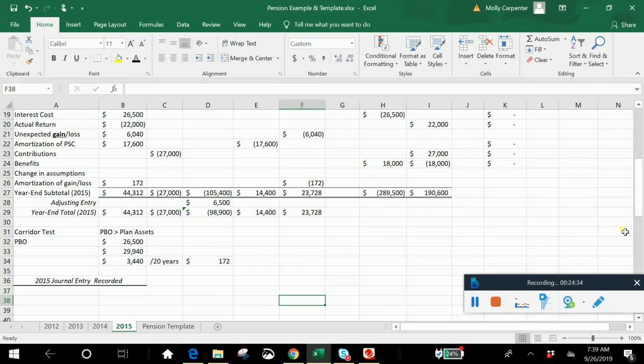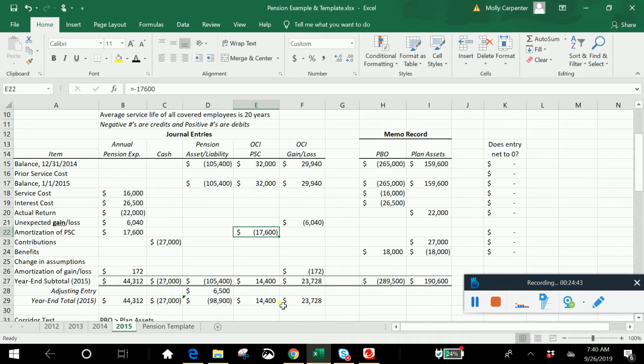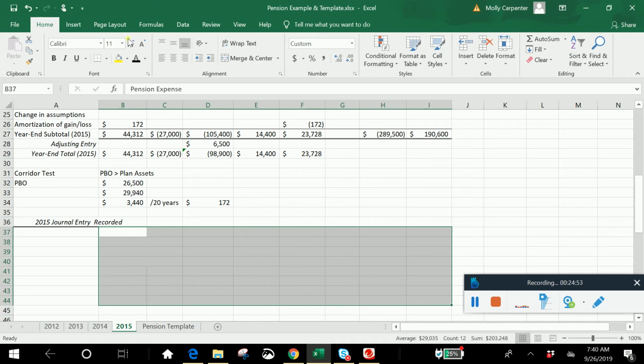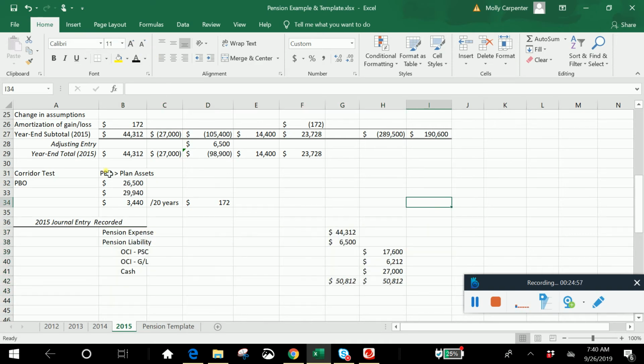I am going to have a credit to OCI prior service cost of $17,600, which is the activity for the year, and I'm going to have a credit to OCI gain loss for $6,212. So if I record my journal entry, again, when you get to your entry, you should have your debits and your credits equaling each other. They do, so I know that I have the right answer.